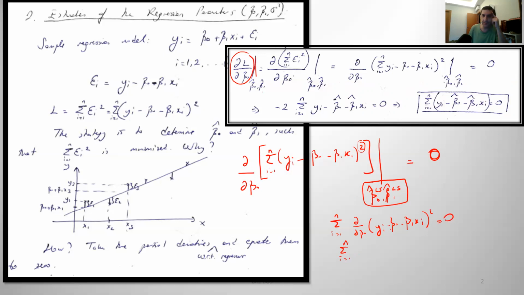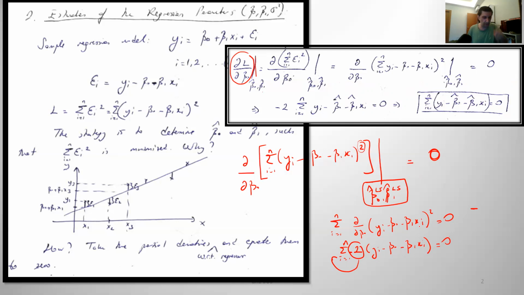When you take the derivative with respect to beta 0, it's going to be equal to 2 times (yi minus beta 0 minus beta 1 xi). There's also a minus here, because we have minus beta 0, but that minus 2 is going to be taken outside, and since this is equal to 0, it is not going to have any contribution here.